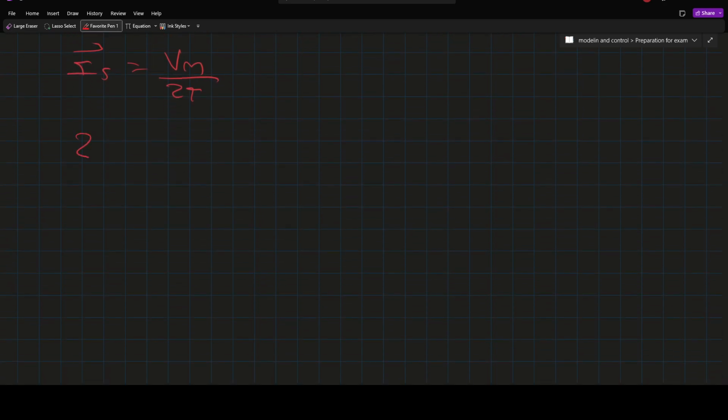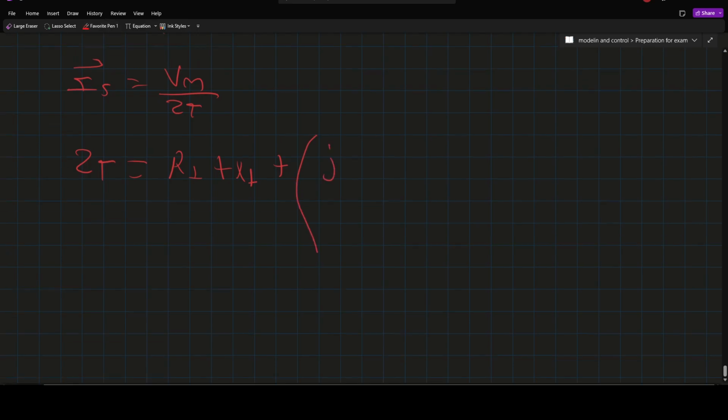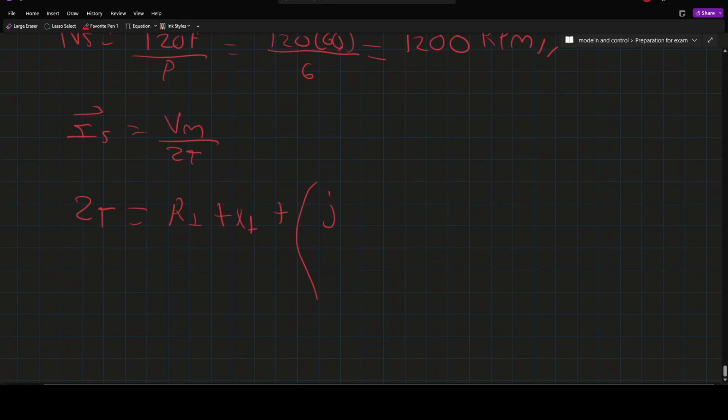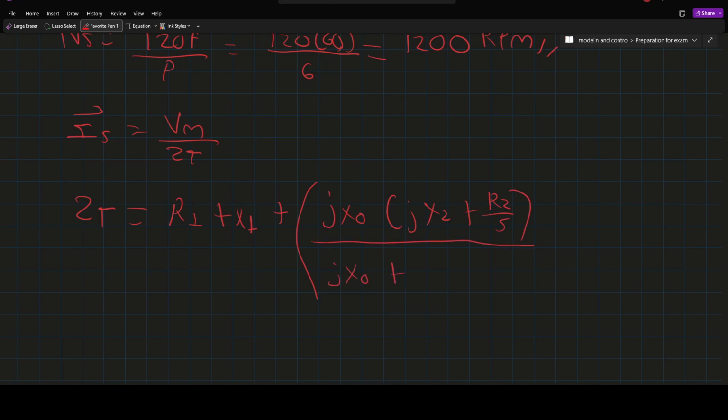This is what I said we did in another video, and we figured that our total equivalent impedance was these two in series plus these two in parallel. So we have jX0 times jX2 plus R2 over s, over jX0 plus jX2 plus R2 over s.